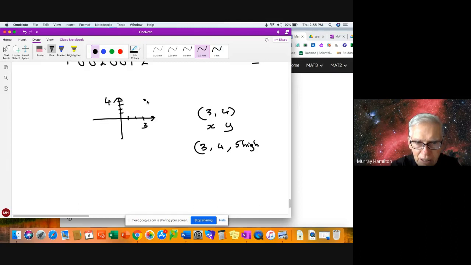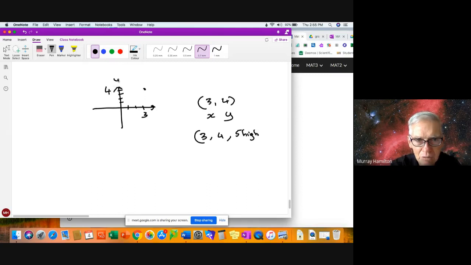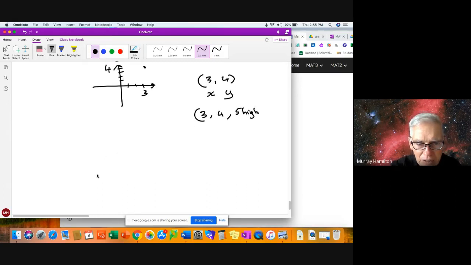I can't lift my pen up and put a dot above that 3 and go 5 high. I can't bring a point out here and go 5 high. So what we could do is we could rotate those axes slightly. So I could make this the x-axis like that, and I could make this the y-axis like that, and I could say, well, this is going to be the height. That's going to be my y-axis. So I could go out 1, 2, 3 on the right.